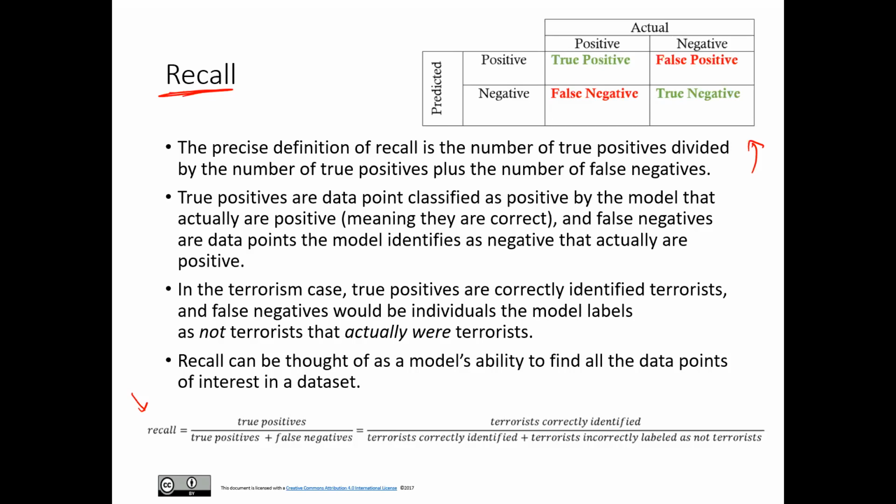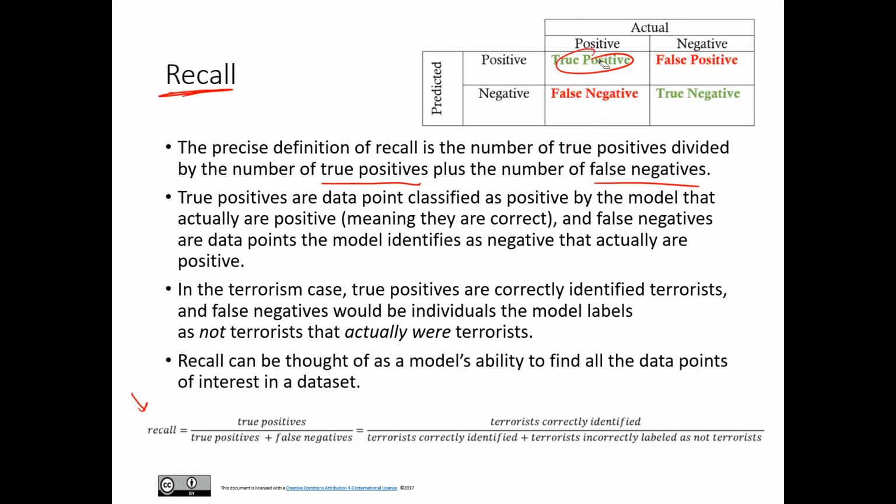So recall, the precise definition of recall is the number of true positives, right? True positives being these, divided by the number of true positives plus the number of false negatives. Okay? True positives, false negatives. What you see is basically, just like we were doing before, right?